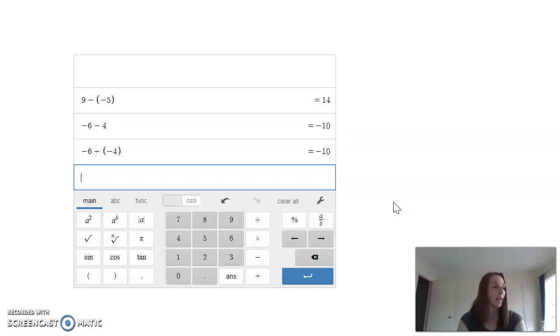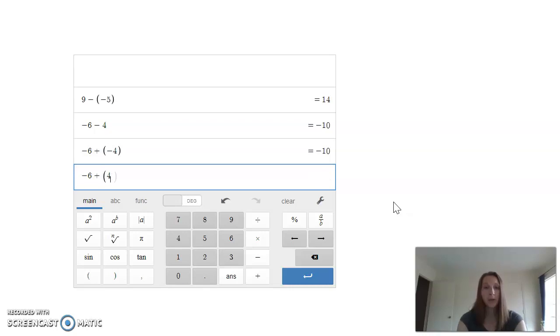C, -6 minus -4. Okay, so they put a little trick in there to confuse us a little bit. -6. What would I change next? The operation. I would change that to plus, and I would change my integer to positive.